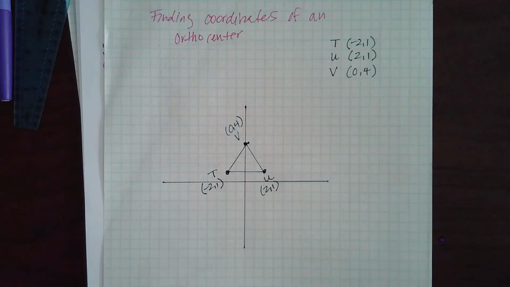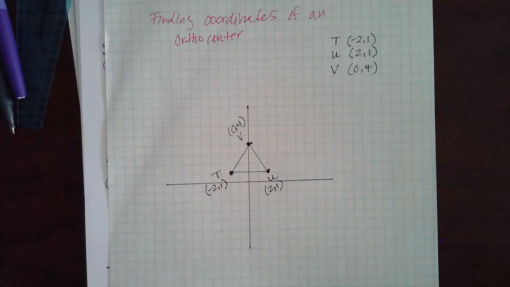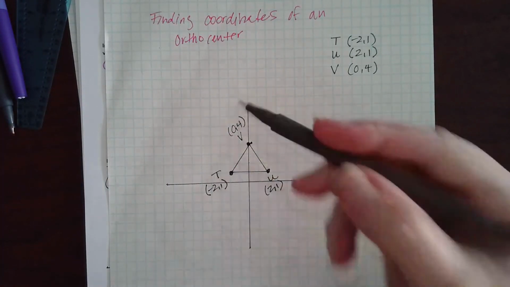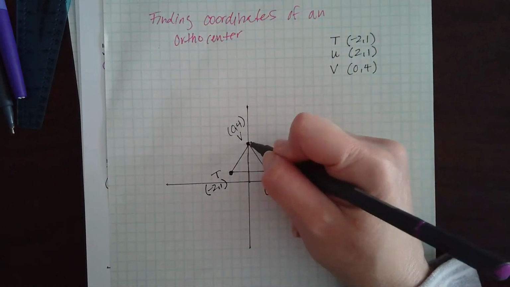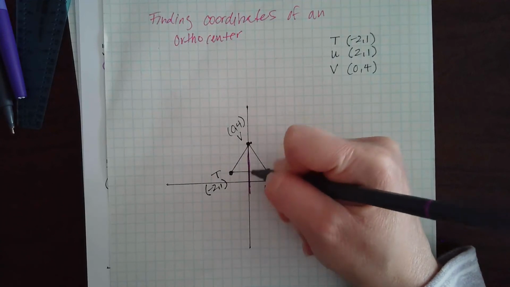All right, so now we're going to find 2 altitudes, and then we are going to find where they intersect. The first one was easy for us. If we find the altitude from point V perpendicular down to the opposite side, that's just going to be this line right here.